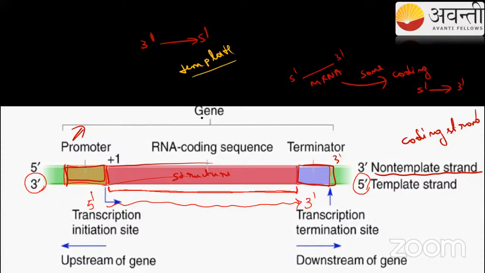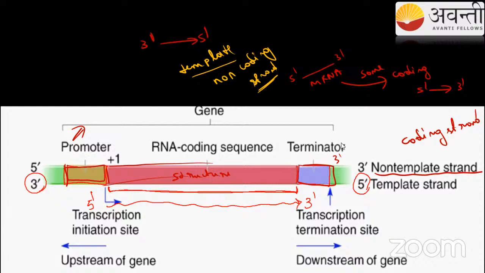If it is a template strand, it means it is a non-coding strand, right? We are taking the 3' to 5' as the template strand, and we are synthesizing our mRNA. So have you understood what a transcription unit is? Very good, Lakhan. Give me a thumbs up if you understood.